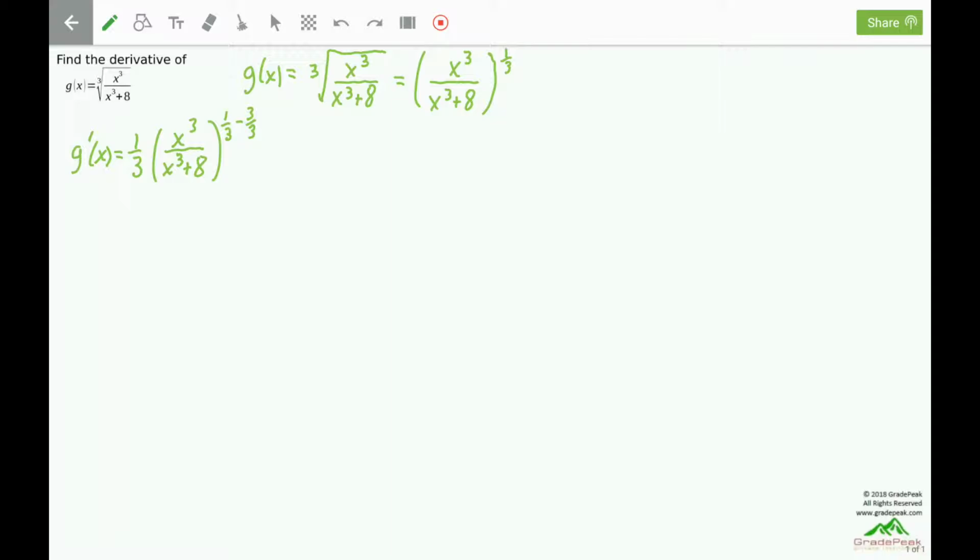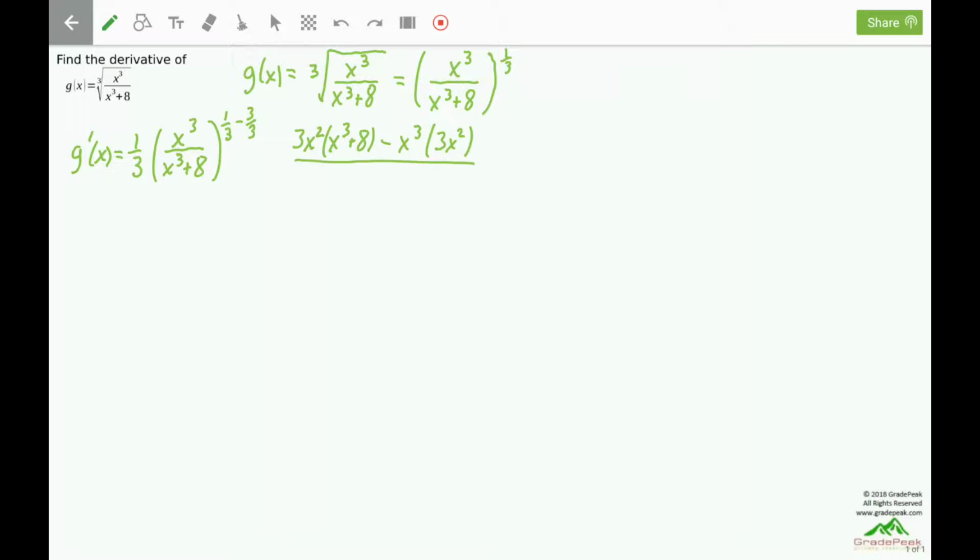Well, the inside is a quotient, so we have to follow the quotient rule here. And here's our quotient. So we're going to start with the derivative of the numerator. That will be a 3x squared times the denominator left alone, x cubed plus 8, minus the numerator left alone, x cubed, times the derivative of the denominator, which will be a 3x squared plus a 0, or just a 3x squared.